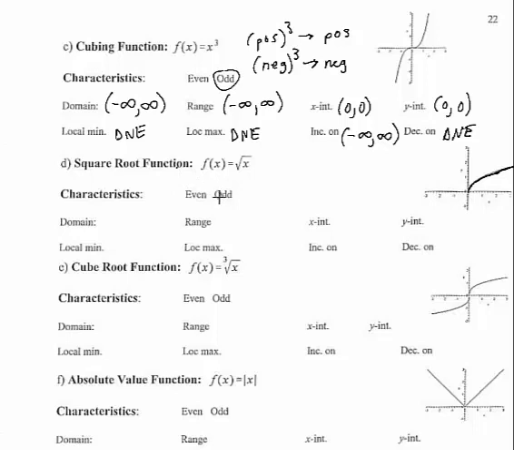So, is it even or odd? Well, it is neither. There is no symmetry with respect to the y-axis or the origin. We only have a piece of the curve on one half of the graph. So it's neither.